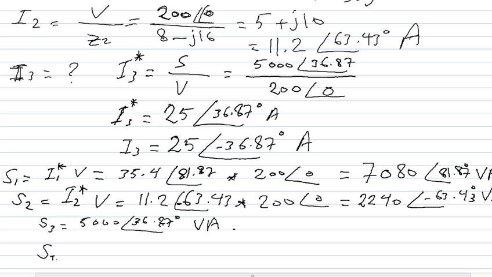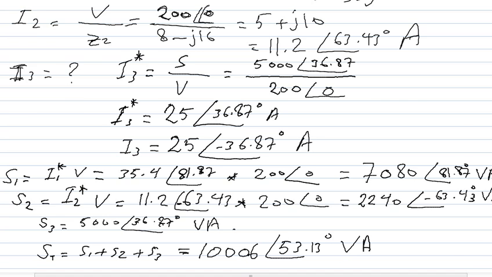S total of the source is S1 plus S2 plus S3. If we add them up, it gives us 10,006 with an angle 53.13 degree volt ampere.